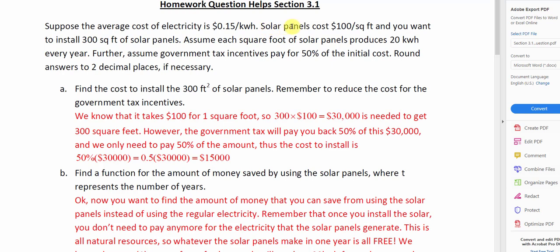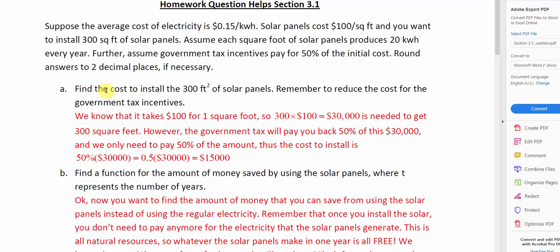Now the solar panels cost $100 per square foot, and you want to install 300 square feet of solar panels. Assuming that each square foot of solar panels produces 20 kilowatt hours every year, and further assuming that the government tax incentive is paying for 50% of the initial cost. Now round the answer to 2 decimal places.